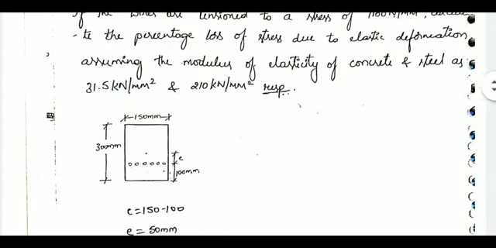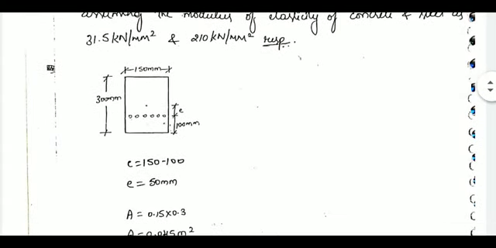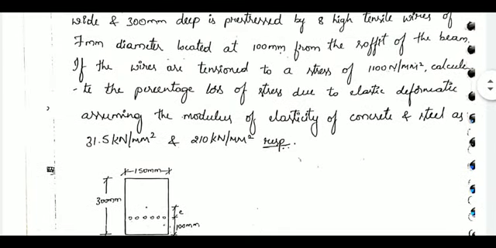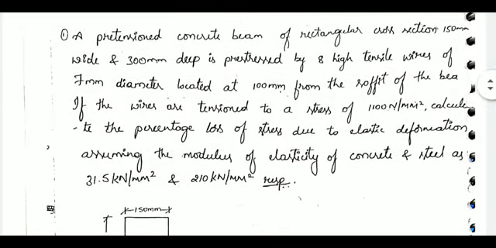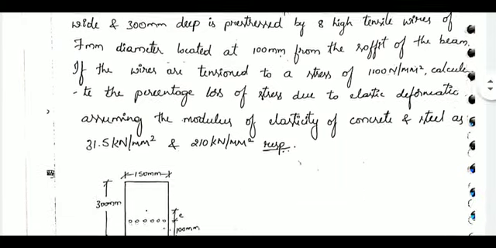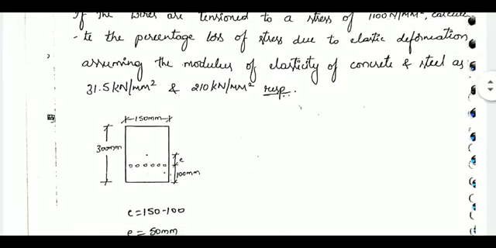We have cross section 150 mm wide and 300 mm deep. You can observe in the question it is given the location of wires is 100 mm from the soffit of the beam. That 100 mm is not eccentricity, it is a distance from the bottom of the beam.